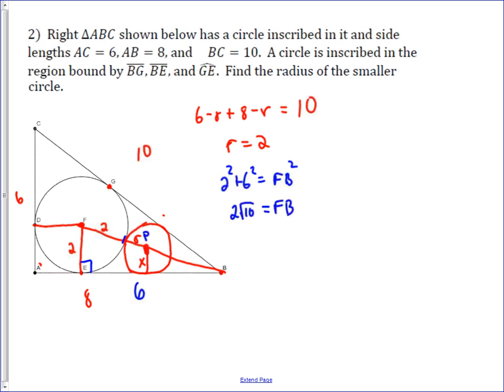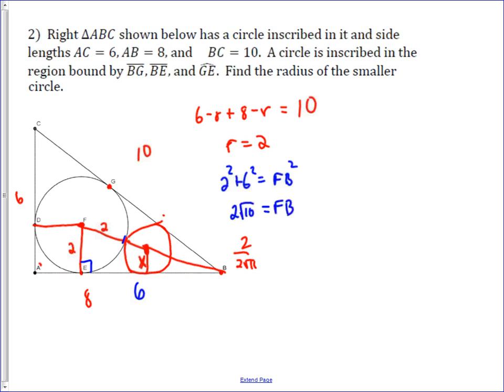Well, PB is a value we can find because it's going to be the hypotenuse of a triangle similar to our triangle, that is the 2, 6, 2 square root of 10 triangle. So we can actually find PB, and we can find it in terms of x, because the relationship between the FE and the hypotenuse is 2 over 2 root 10.